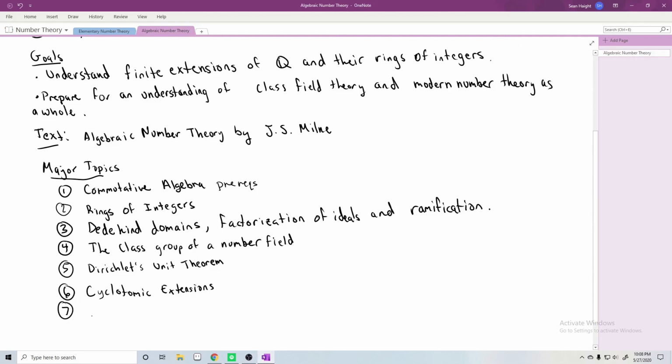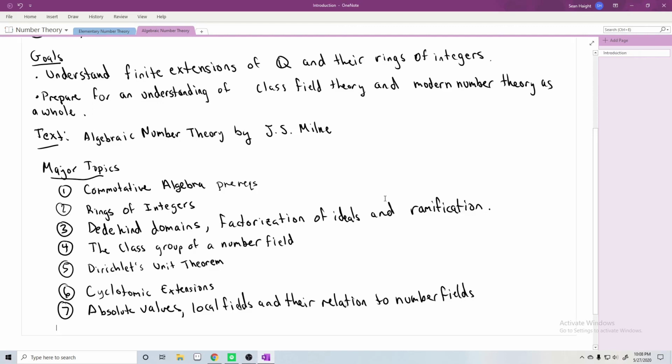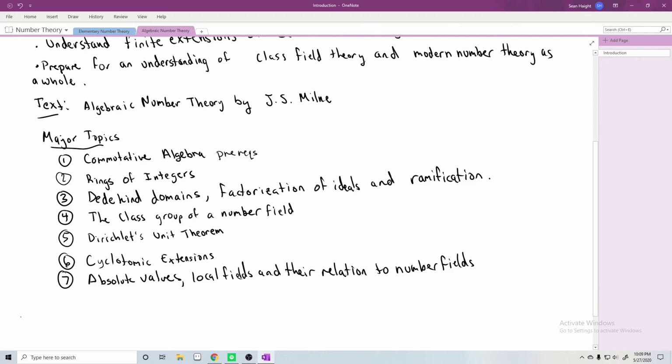Seventh, the last topic is going to be slightly more analytic or topological in nature, and these are going to be about absolute values, local fields, and their relation to number fields. Already I realize I've started using this word number field, and you probably don't know what it is.